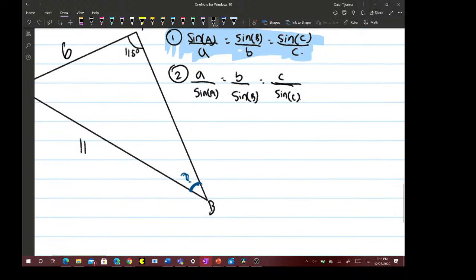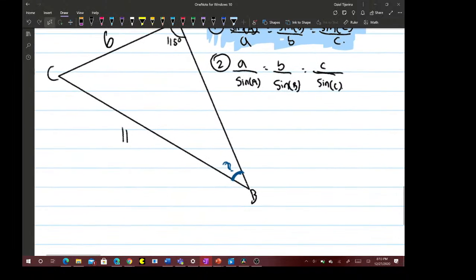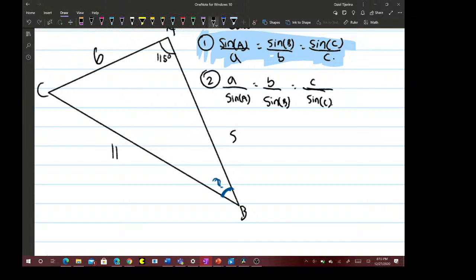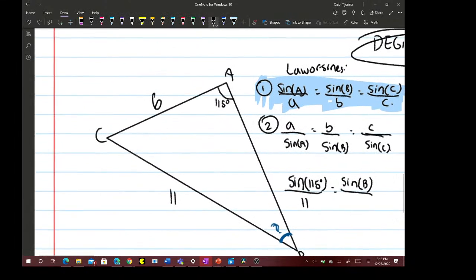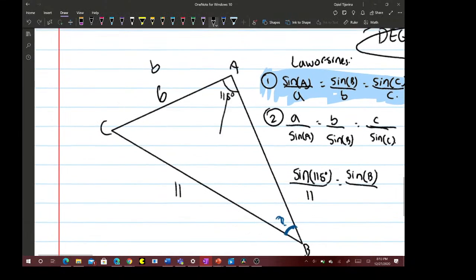So here we can say sine of 115 degrees over 11 equals sine of angle B over B, because this one's B, basically. This one's B. This one is A. Basically, it goes like this.